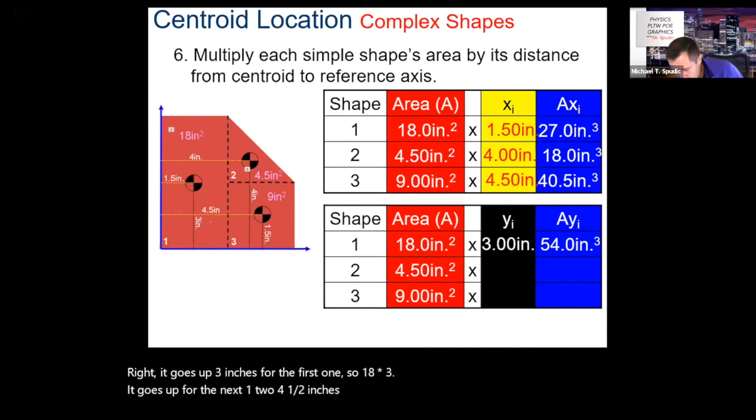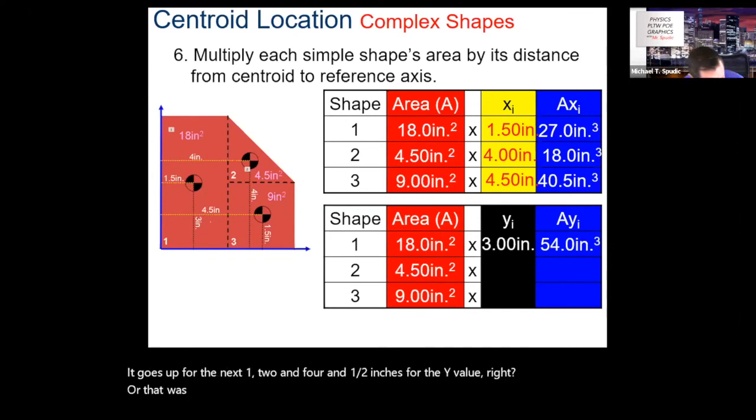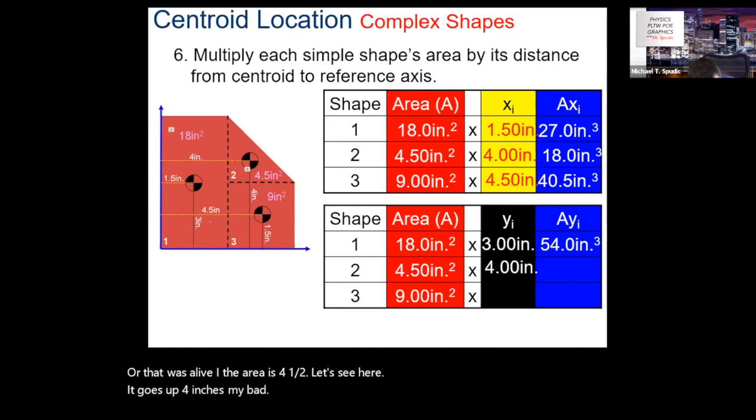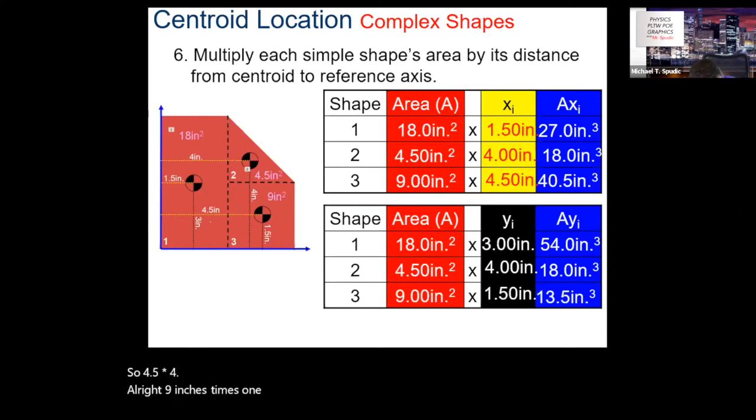Or that was the Y value. The area is 4.5. Let's see here. It goes up 4 inches. My bad. So 4.5 times 4. All right. 9 inches times 1.5 inches gets 13.5. Okay.